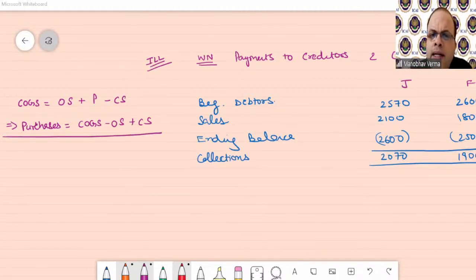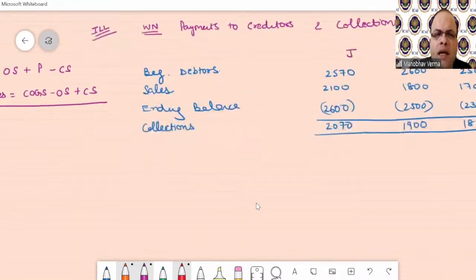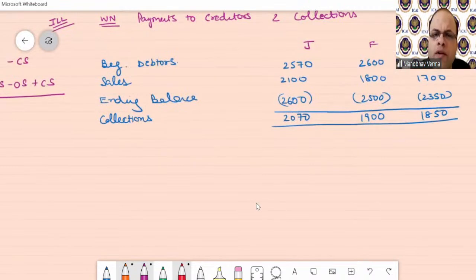Any doubts on this one, guys? I hope this is clear to everyone. So we need to quickly do a purchases calculation. So what is the COGS given to us, guys?